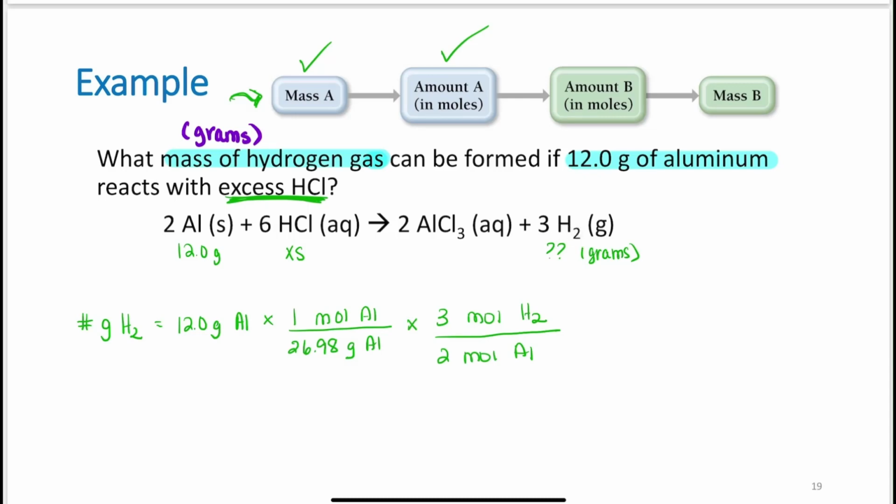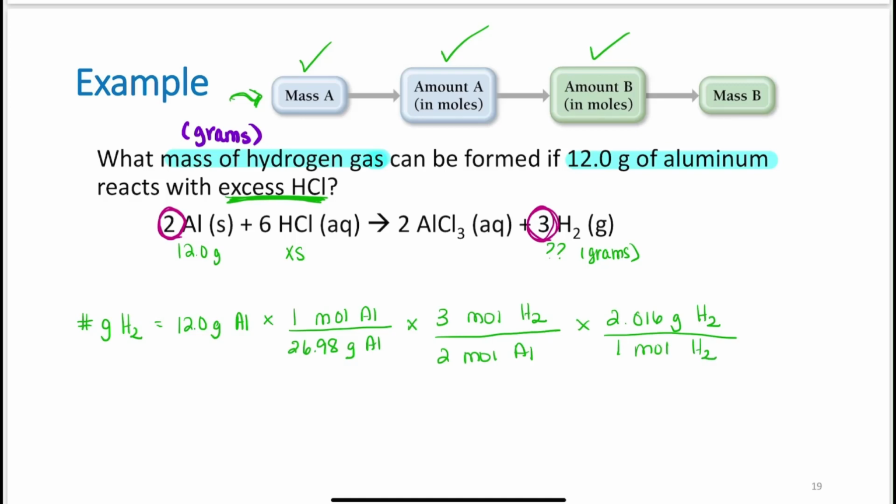I got those numbers again from the balanced equation. 2 aluminums produce 3 hydrogens. 2 moles of aluminum produce 3 moles of hydrogen gas. Now I'm here, and now I need to get to mass of B. So I'm going to say times 2.016 grams, because it's H2, divided by 1 mole of H2.